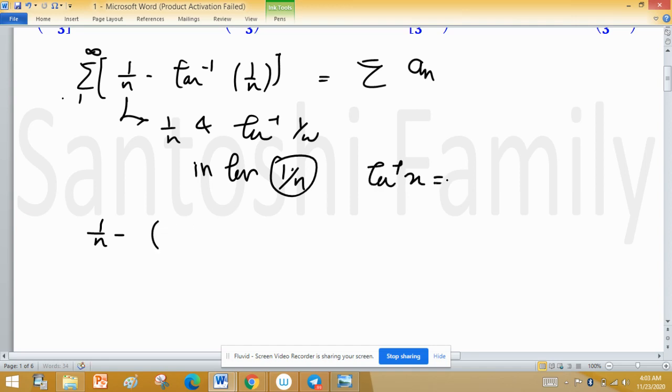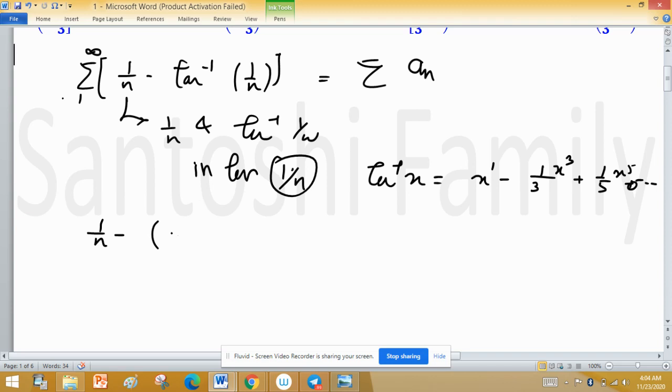Tan inverse x is x minus 1 upon 3 x cube plus 1 upon 5 x to the power 5, alternately positive and negative, and the power jumps by 2: 1 here, 3 here, 5, and coming next the power will be 7 and so on.